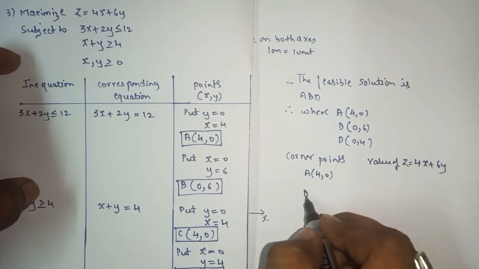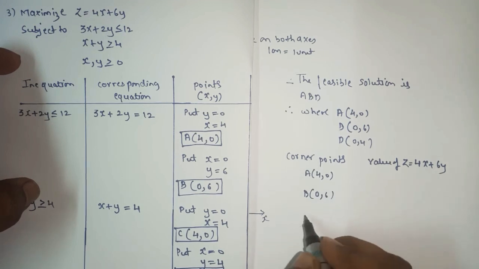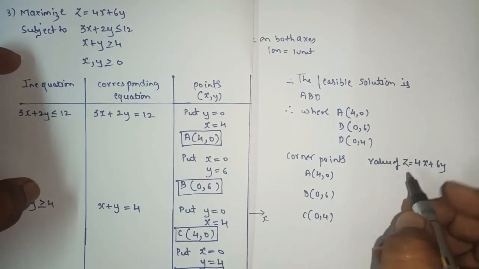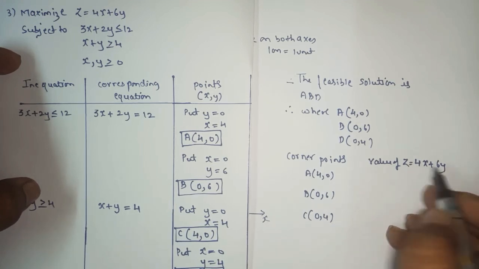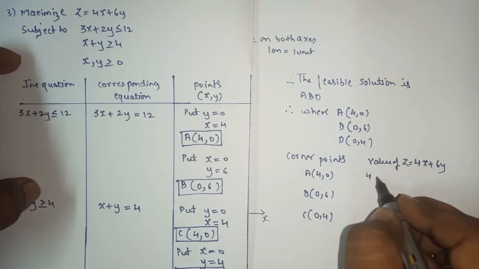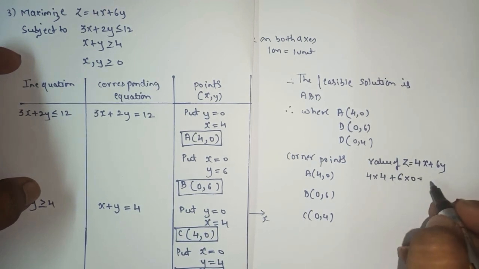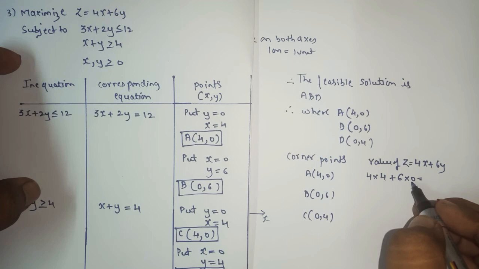The second one is 0 comma 6. The third one is 0 comma 4. Now simply you will replace the value of x and y by these coordinates. So 4 into 4 plus 6 into 0. 4 4s are 16 plus 6 zeros are 0.